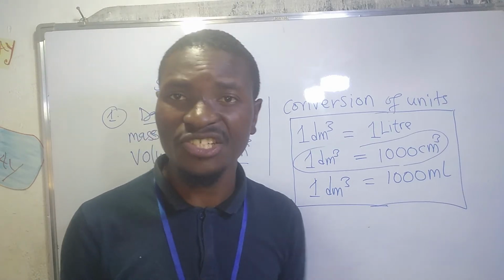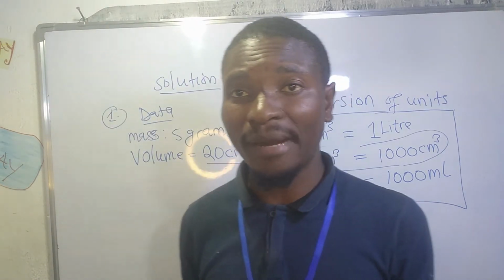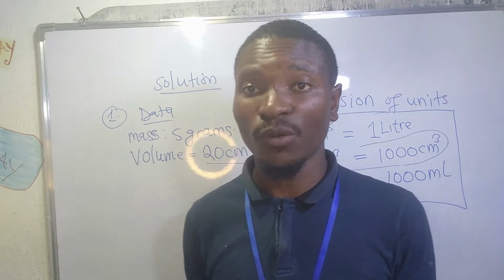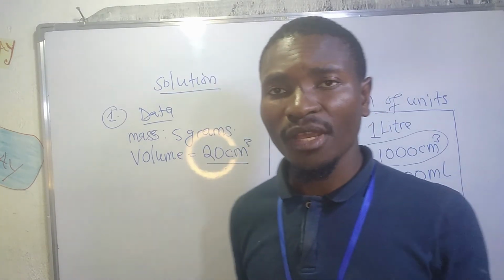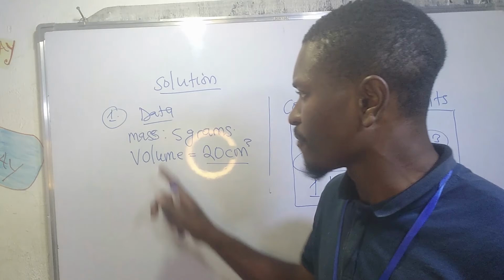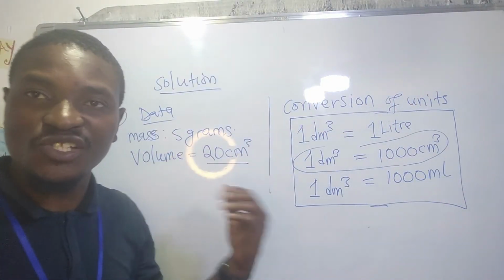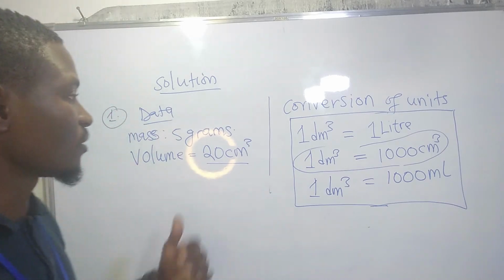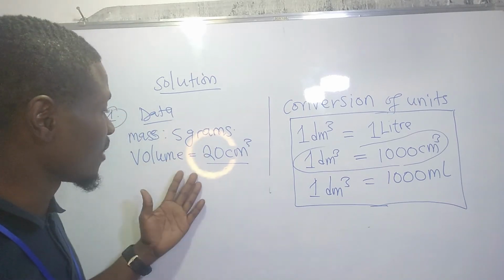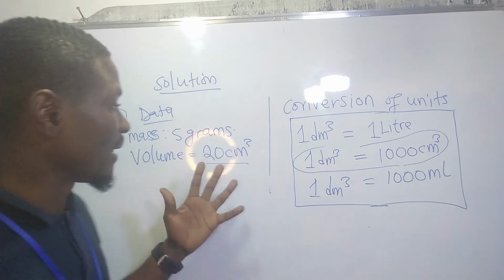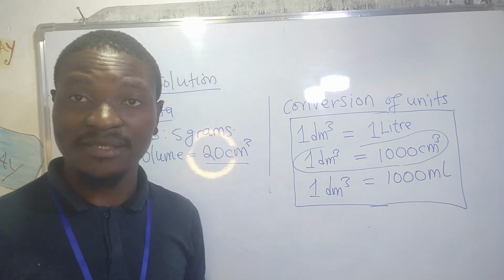Now let's jump into the final part of the question, question 2. I have already gathered the data: the solid that dissolves in the water is 5 grams, and the volume is 20 cubic centimeters.